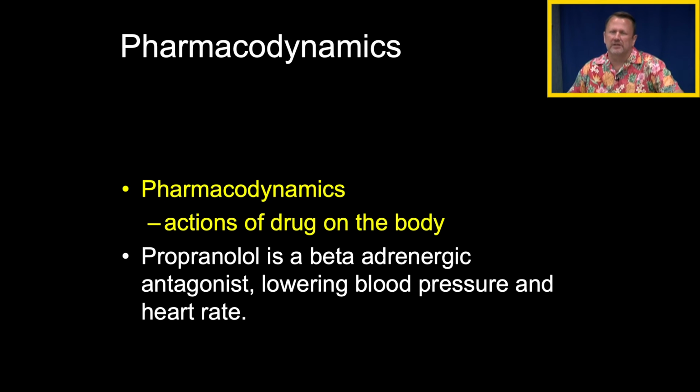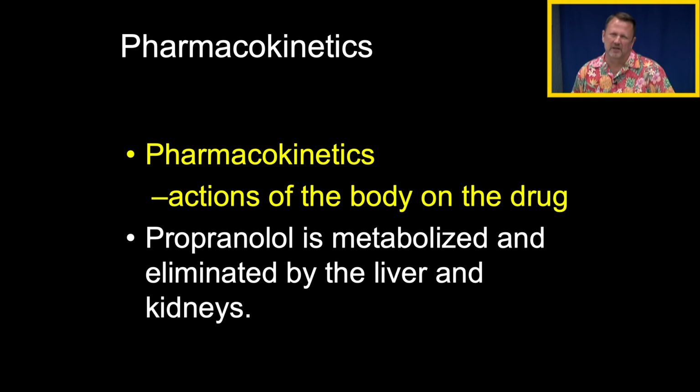All right, so here's an example of dynamics. Propranolol is a beta blocker. Beta adrenergic antagonist is the long way of saying beta blocker. It lowers blood pressure and heart rate. That's the most simple way of describing the dynamics of propranolol, the pharmacodynamics. It lowers blood pressure by blocking beta receptors. That's the action of the drug on the body. Its dynamics. Its kinetics are what the body does to the drug.